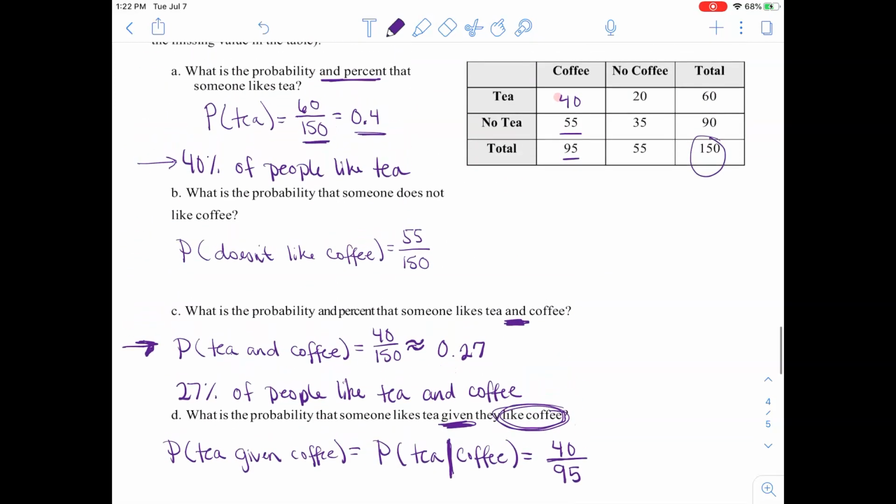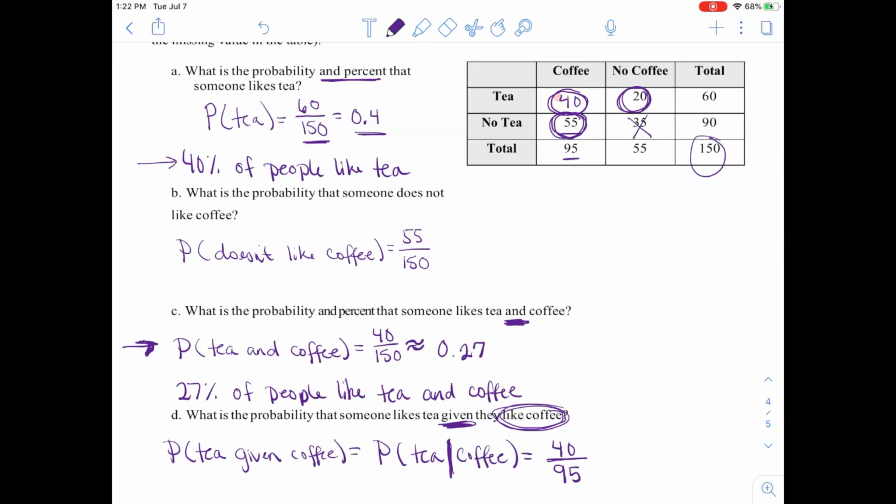Now, tea or coffee? So here, they like both, right? So remember or, it's either they like one or the other or both. Here they like both. Here they like no coffee, but they only like tea. And here they like coffee and no tea. This does nothing for me because this means they like neither.